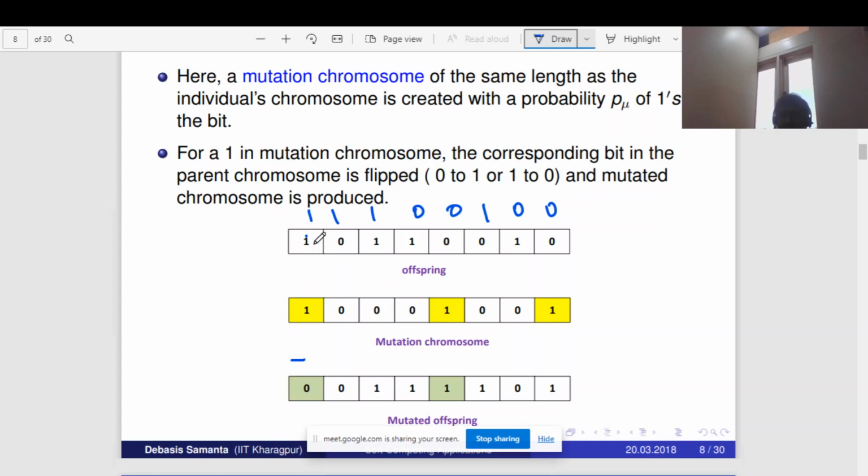Is the question clear? Say this is the actual offspring, and this is the mutated chromosome, so what will be the resultant mutated offspring?